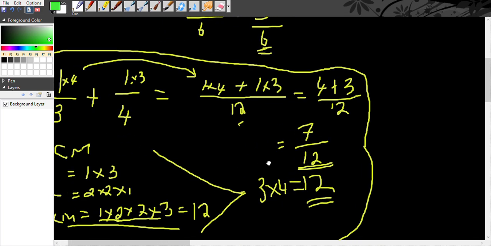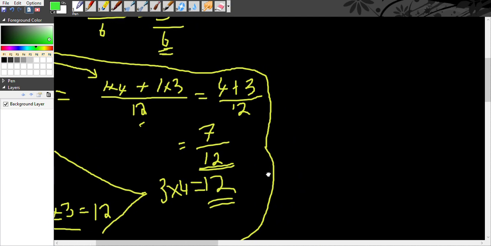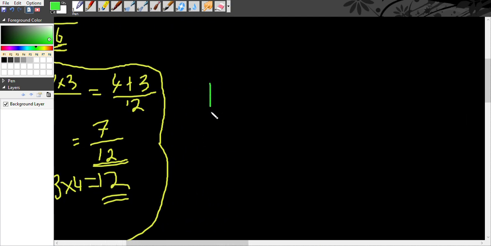I wanted to show us this was 1 over 3 plus 1 over 4. So 1 over 3 plus, I'm gonna change it now, 1 over 6. I want to show us something. There's a concept I want to explain.